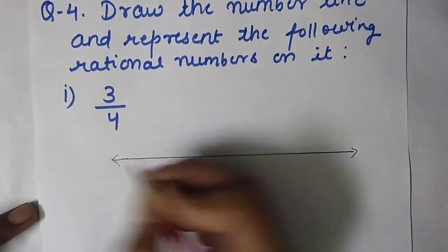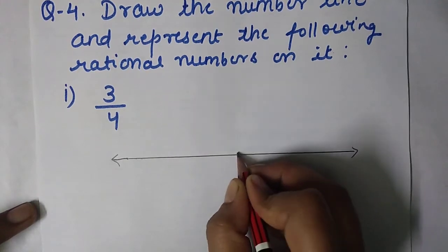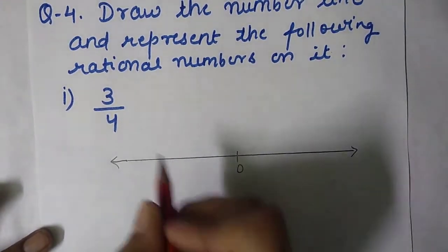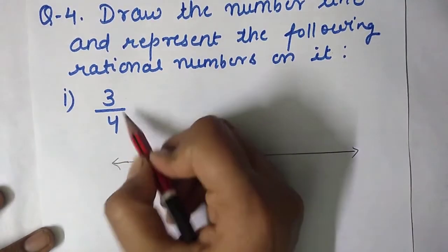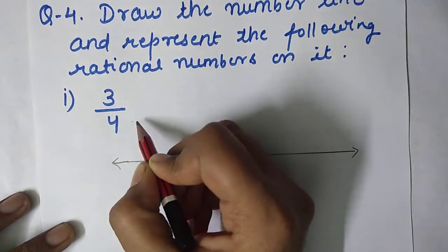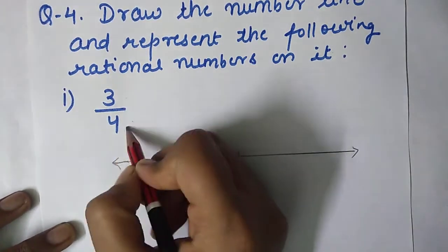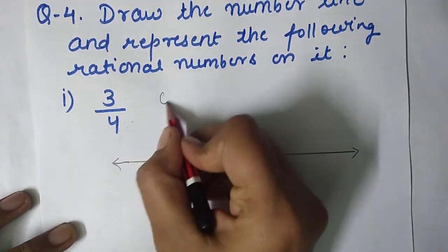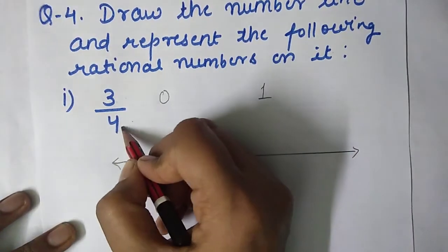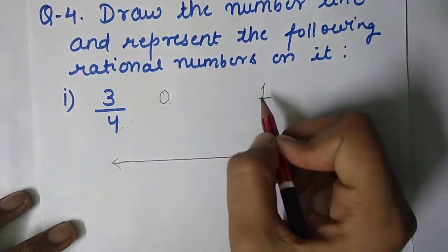In the middle of it we have 0. Now first you have to check between which two integers this 3 by 4 lies. So this 3 by 4 lies between 0 and 1.